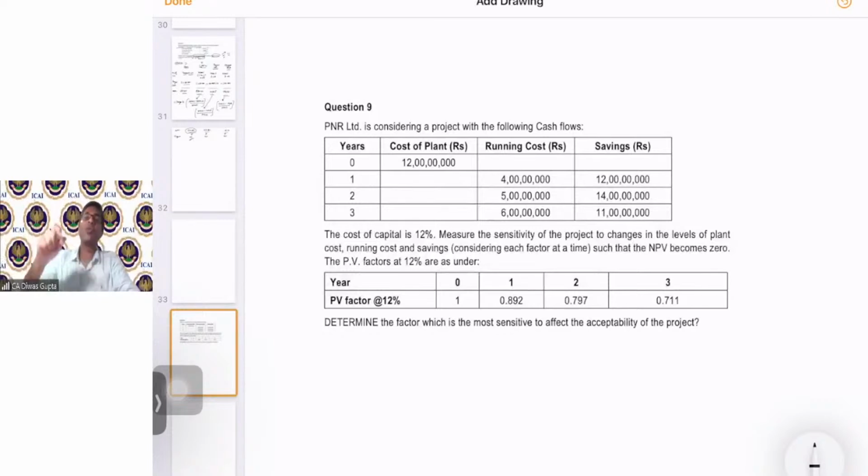So it will show you the impact on the provision of gratuity if we change, let's say, the discount rate by 1%, or, let's say, the salary escalation rate by 1%. Okay, so sensitivity is actually used in practical life in a lot of concepts, one of them being gratuity valuation from actuarial.